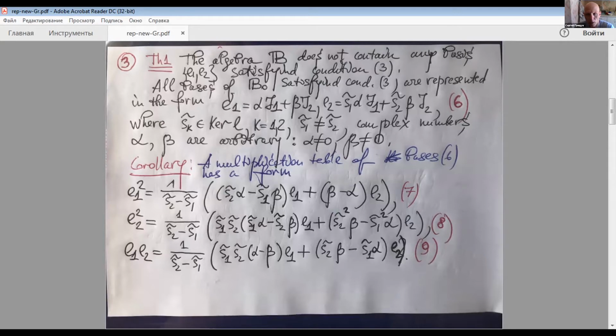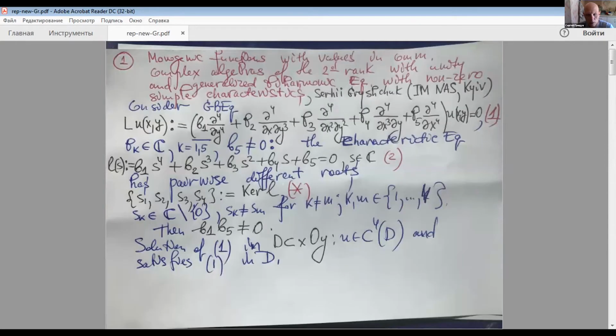It says that the algebra B doesn't contain any basis E1, E2 satisfying condition 3, and all bases of B0 satisfying condition 3 are represented in the form 6. Here, alpha and beta are different non-zero complex numbers, and C1 tilde and C2 tilde are different elements from the roots of the characteristic equation 2.